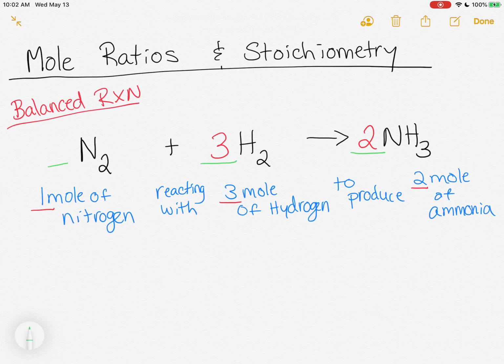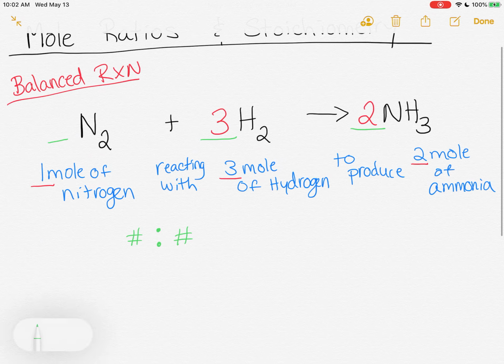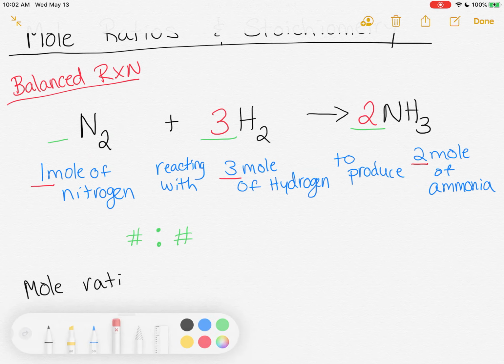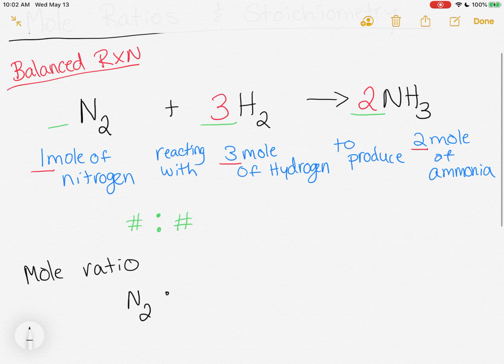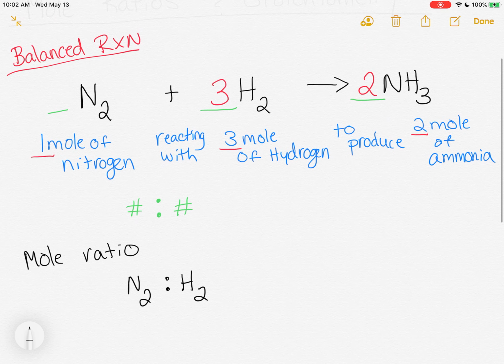So if we want to write those as just mole ratios, a ratio always has a number and then our little ratio symbol. So a ratio is a number to a number of some kind. Okay, so if we want to write the mole ratio of, let's go with nitrogen to hydrogen, then the mole ratio of nitrogen to hydrogen is going to be 1 to 3.